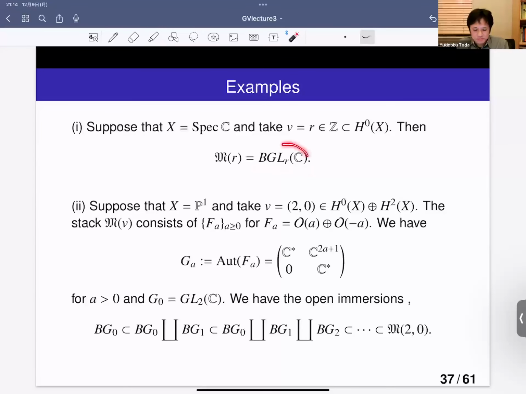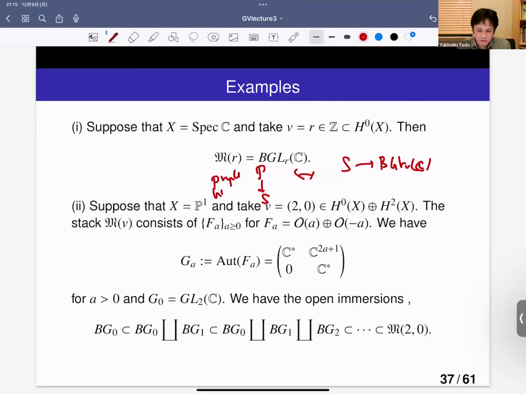This is because giving a map from S to BGL_r(C) is nothing but giving a principal GL_r-bundle, and giving a principal GL_r-bundle is equivalent to giving a rank r vector bundle on S. So in this way, we have this isomorphism.